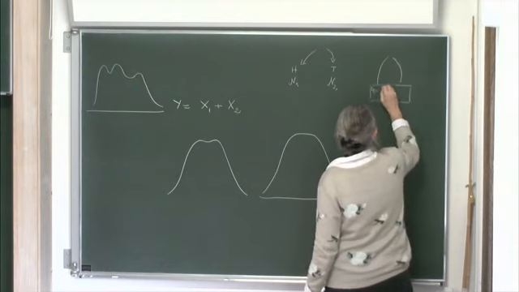So it'll be normal with, for instance, mean theta plus mu Wi, and then the variance also depends on Wi, sigma squared Wi. So you generate something from here, and you look at that distribution.